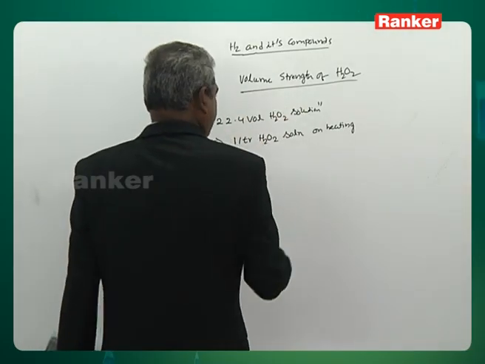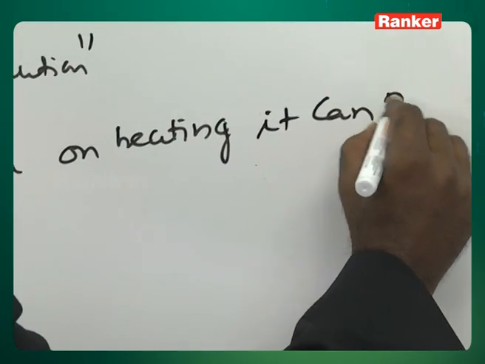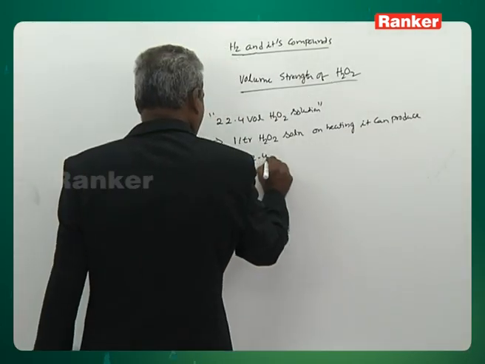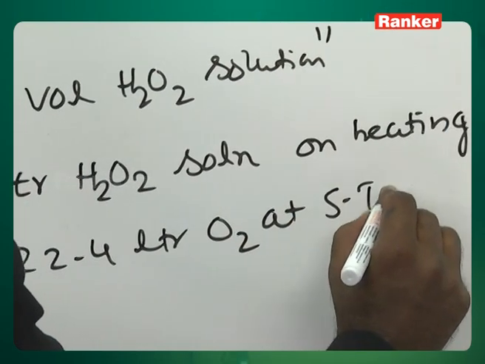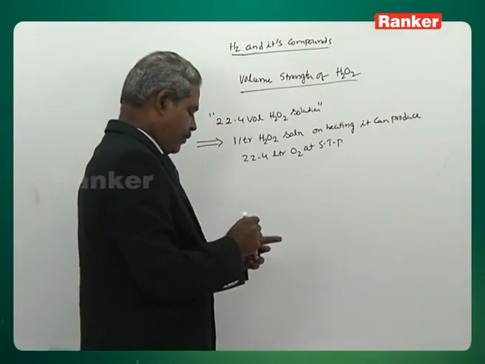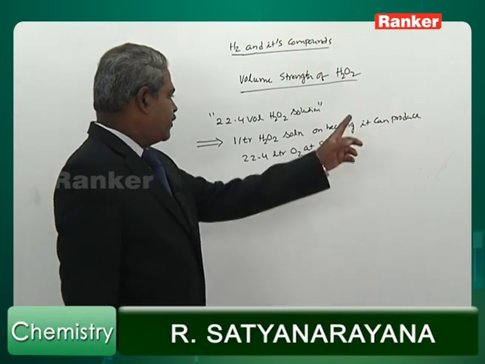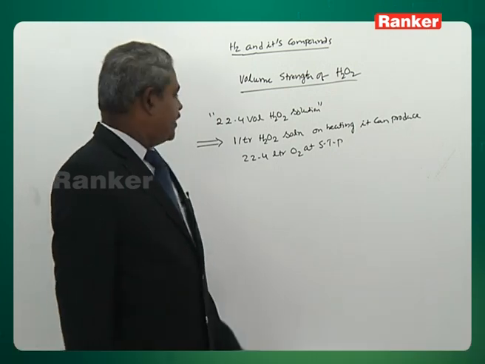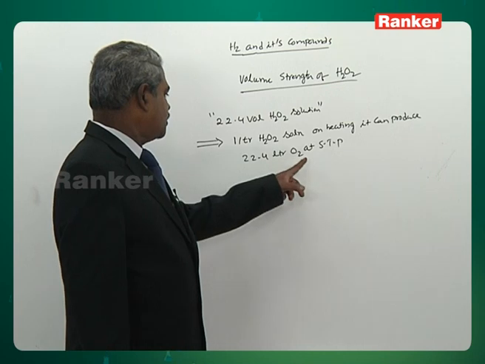You take 1 liter and you heat it. This is the meaning of that. What do you mean by 22.4 volume? You take 1 liter, you heat it, you get 22.4 liter oxygen at STP. So, when I say 10 volume, what does it mean? 1 liter gives 10 liters of oxygen at STP.